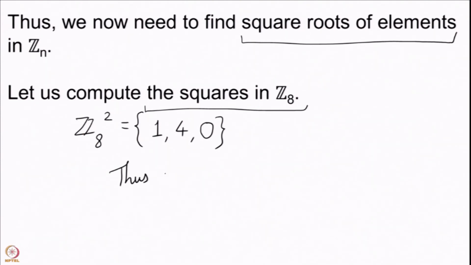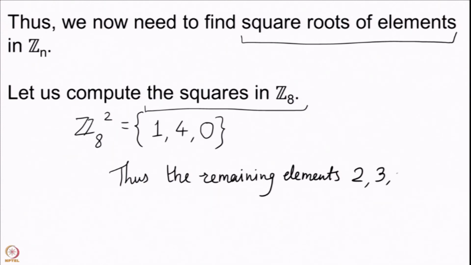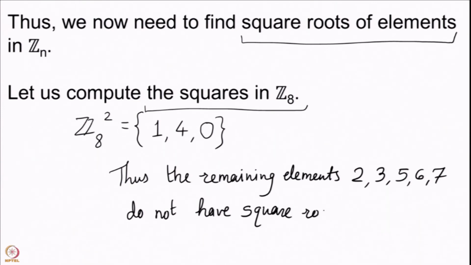Thus, the remaining elements 2, 3, 5, 6, 7 do not have square roots in Z8.